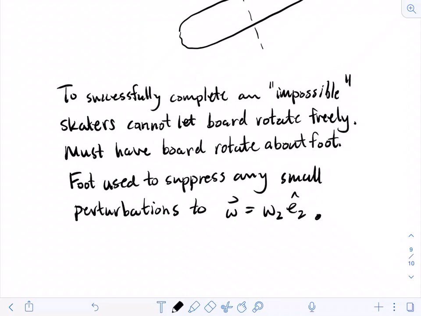It's not too technical, and so it's worth a watch. Another one of the videos is a really good short video of someone doing a really clean impossible, and it's in slow motion, and so you could see their foot actually guiding the board as they try to rotate about the second principal axis.